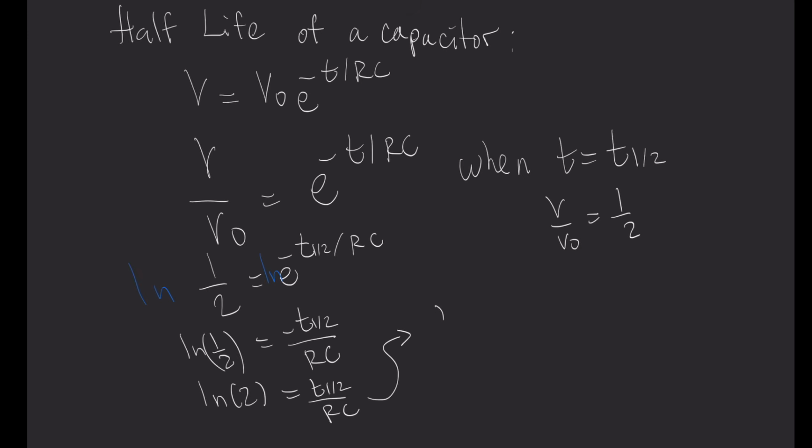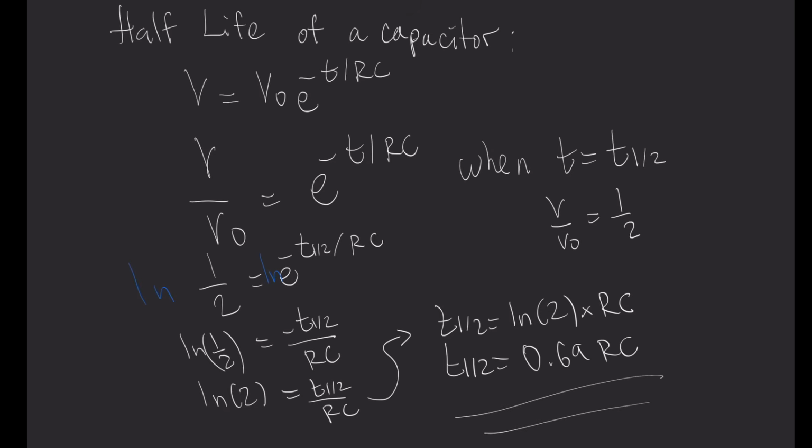Let's carry on here. t half will be equal to ln of 2 multiplied by RC, and then ln of 2 is about 0.69. Multiply this by RC, which is the half-life of a capacitor.